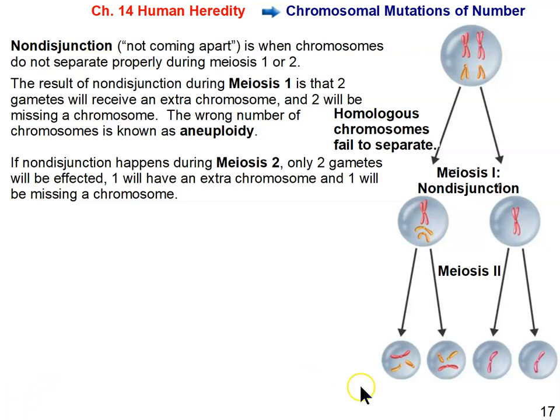Now you have to remember that each chromosome can have 1,000 genes or more. And you might be thinking to yourself, well, I can understand why missing 1,000 genes would be a problem, but what's wrong with having extra genes?